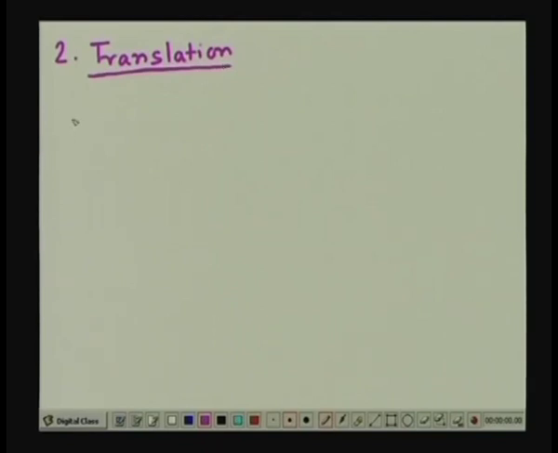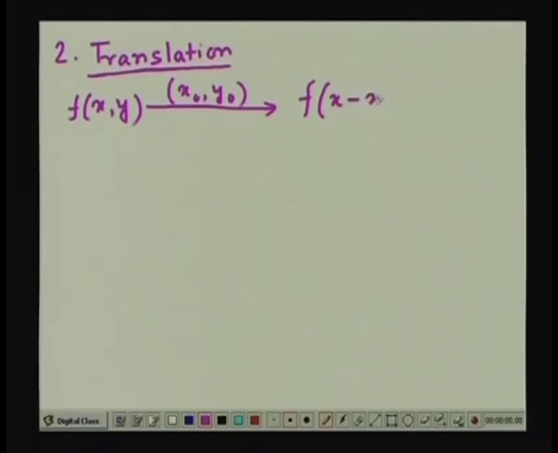Translation property says that if we have a two-dimensional signal, say f(x, y), and translate this by a vector (x naught, y naught), so along the x direction you translate it by x naught, and along the y direction by y naught, the function that you get is f(x minus x naught, y minus y naught).